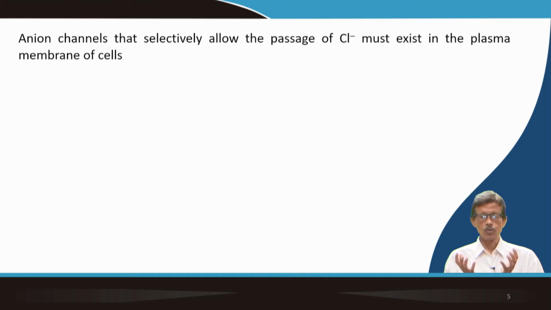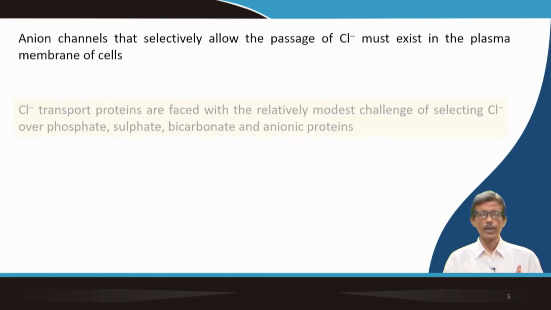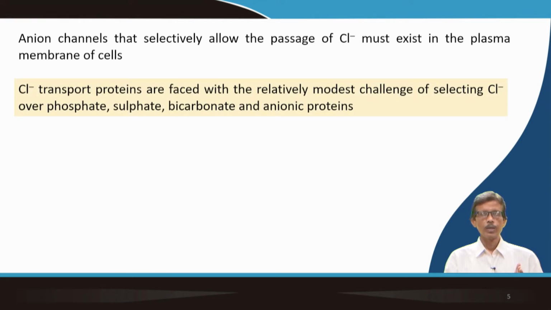Those cells either get chloride ions or lose some amount of chloride ion concentration. So, we have transport proteins which take care of these ions, faced with a relatively modest challenge of selecting chloride ions, because they are charged. So, it is controlled only by the potential, the charge and the charge neutralization.